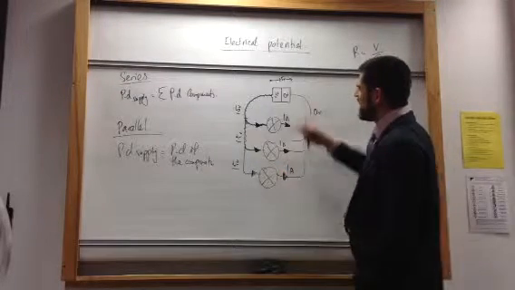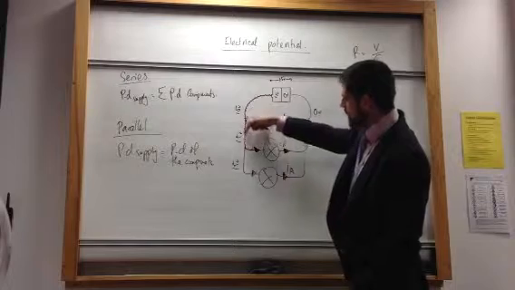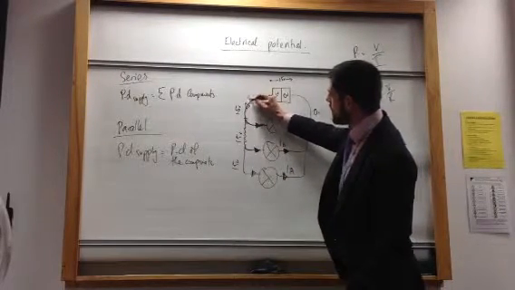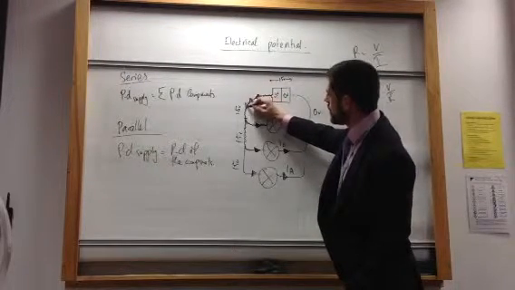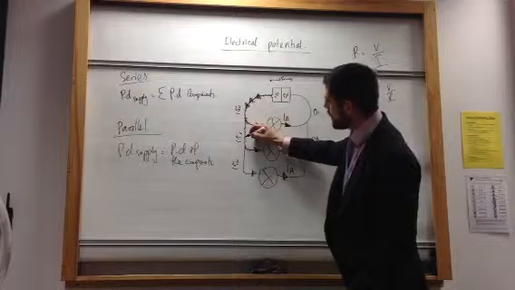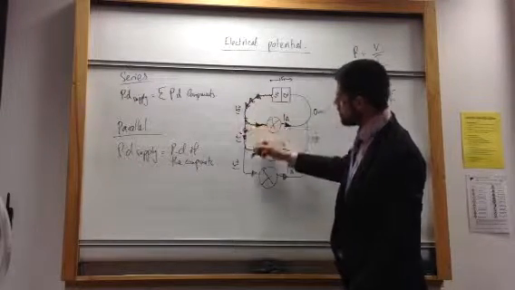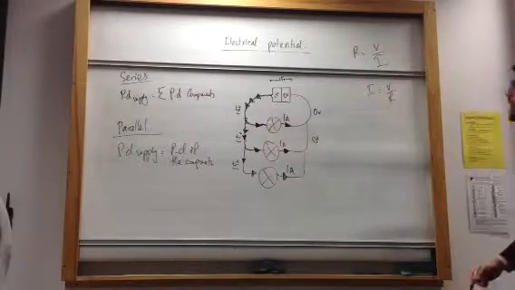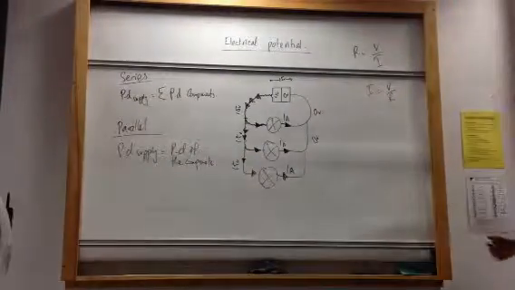But if I've got 1 amp going through there, 1 amp going through there, and 1 amp going through there, surely I must have had 3 amps in here. There's my 3 amps. 1 goes that way, 2 amps go this way, then they branch off, 1 goes there, and 1 goes that way. So we see straight away, for things in parallel, what happens to the current?